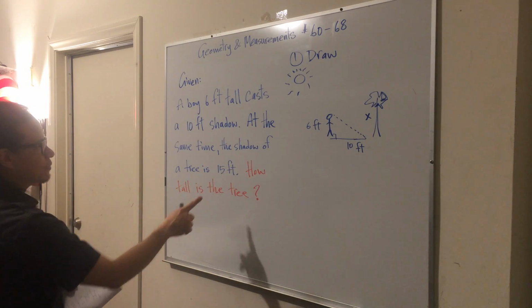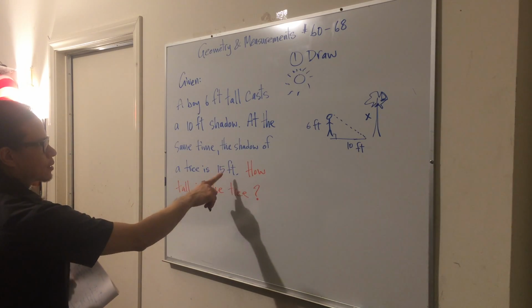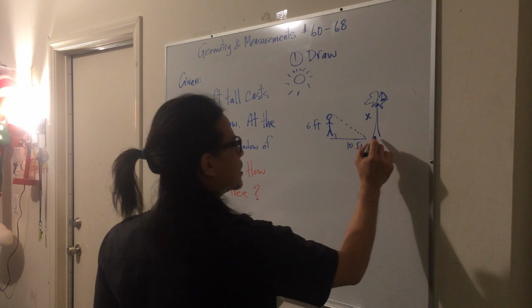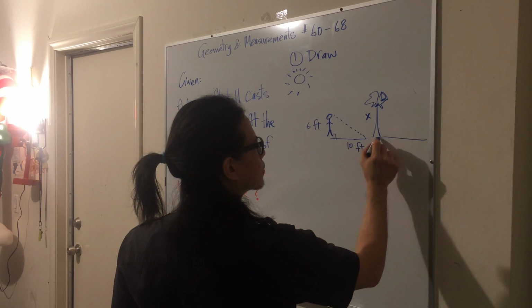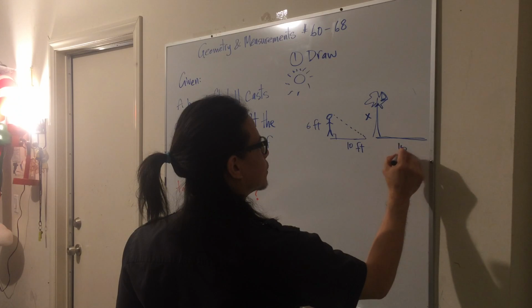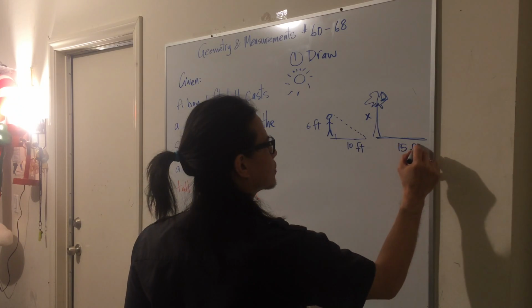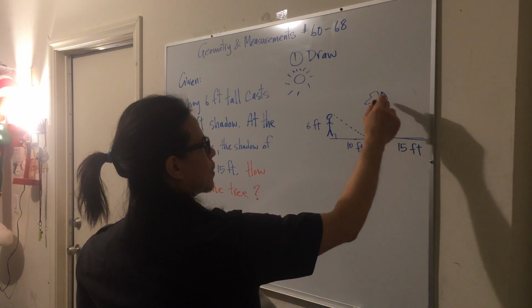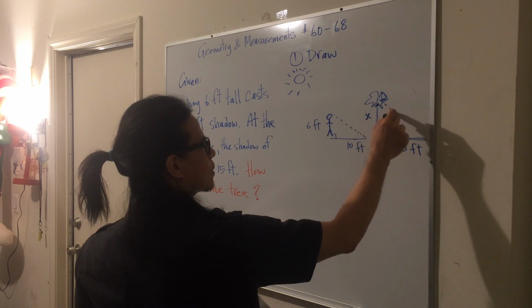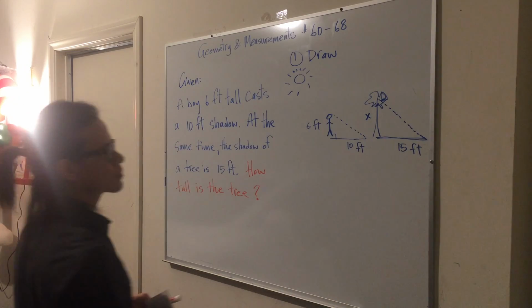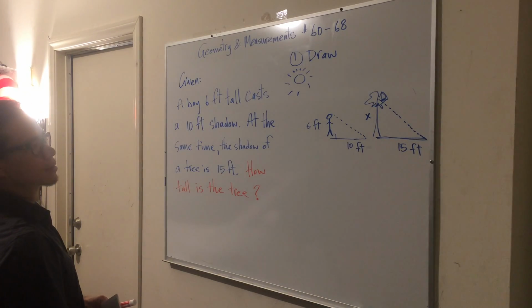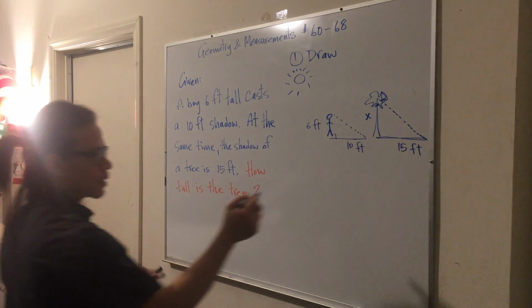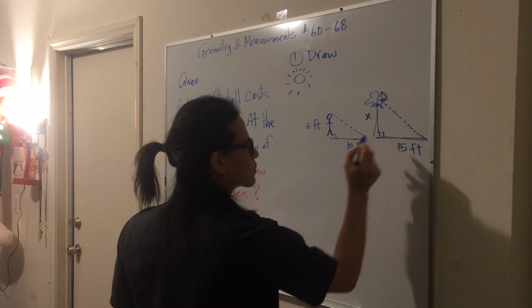We're also given that the shadow of the tree is 15 feet. So here is 15 feet. Again, we have a right triangle here.